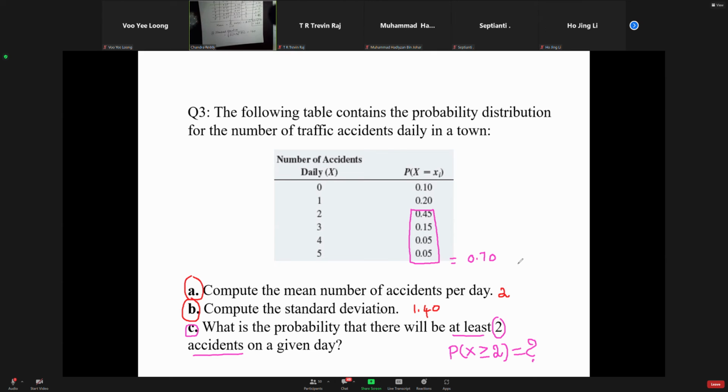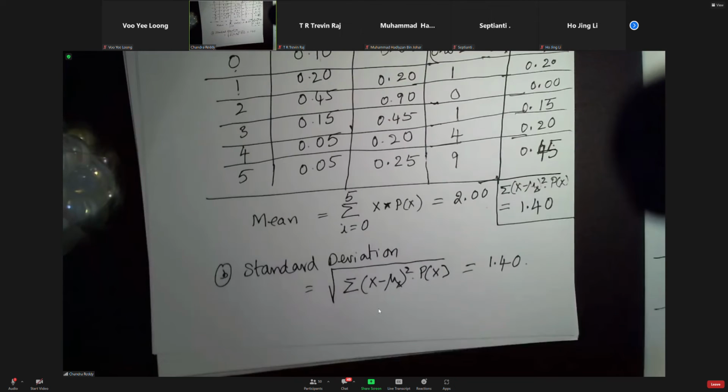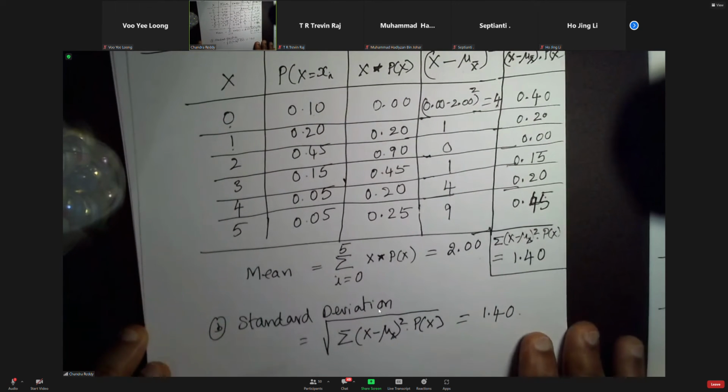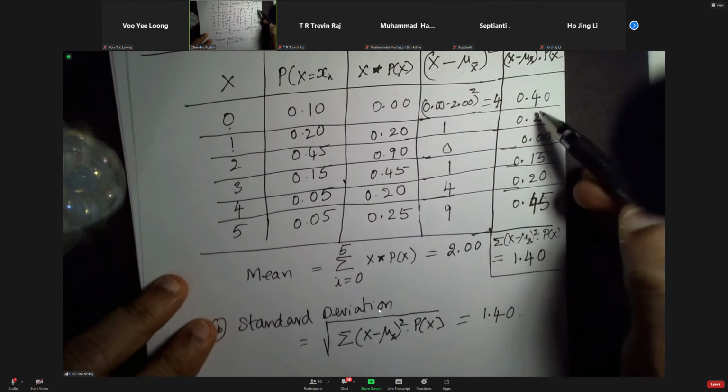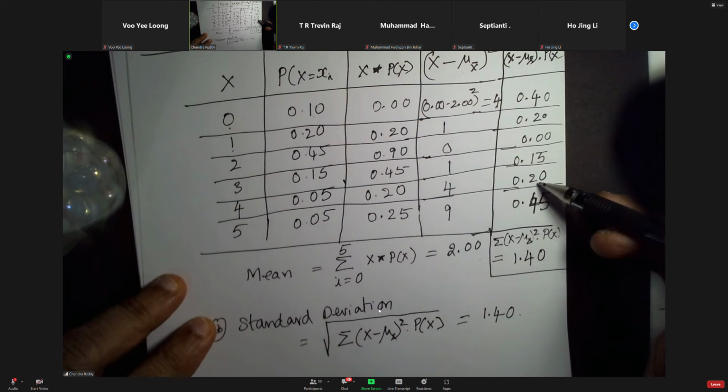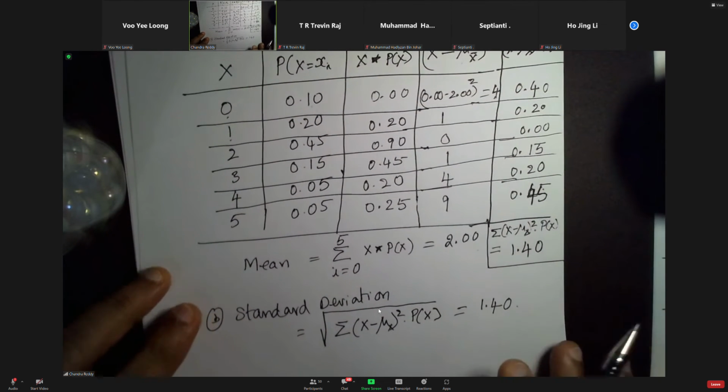Yes, you need to take the square root. Let me see what I have written. 0.4, 0.6, 0.75, 0.95, 1.4.